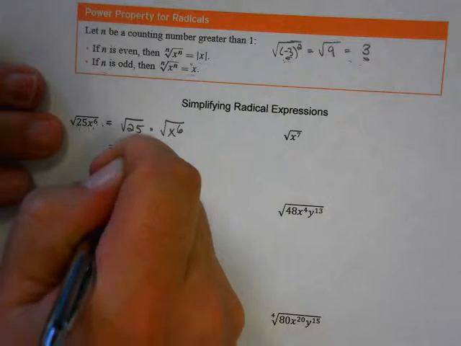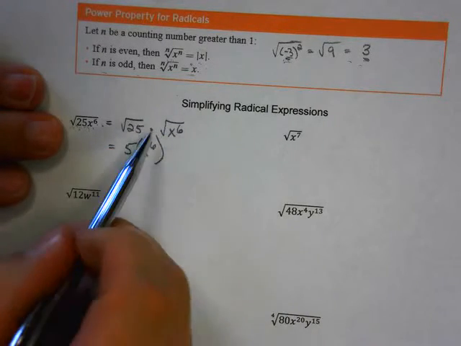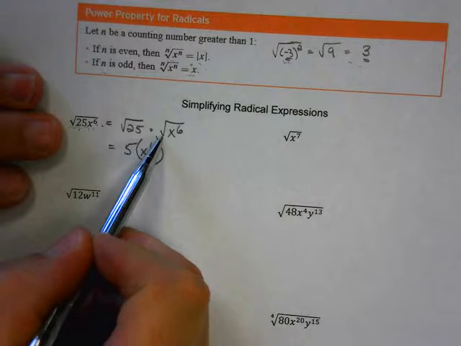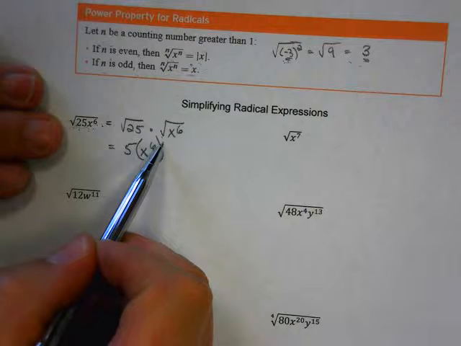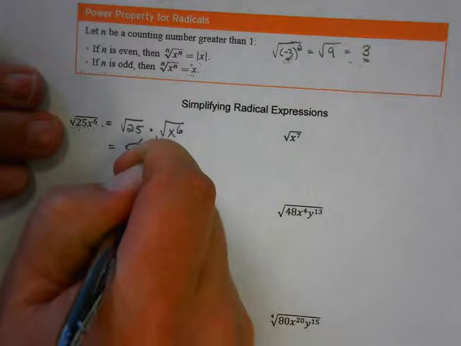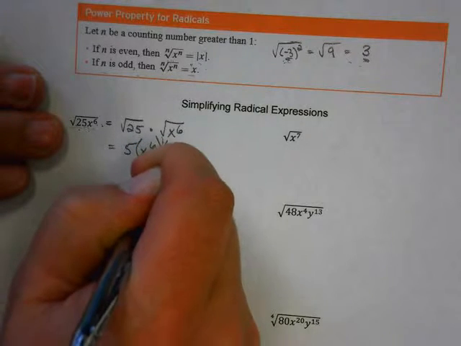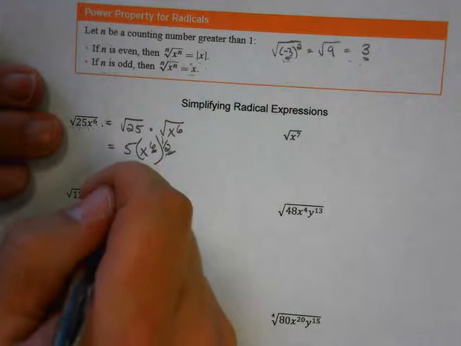Now the square root of 25 is 5. X to the 6 to the what? If we're just dealing with this one, what are we going to get here? What can we write that power as? Not 2, but 1/2. And when you have x to the 6 to the 1/2, what are you going to do with those powers? You're going to multiply them.